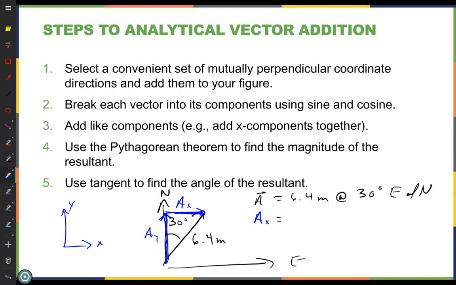Ax is the opposite side of my given angle. I know the hypotenuse, and the trigonometric relation that relates opposite and hypotenuse is sine. And so I would have sine of 30 degrees equals Ax divided by 6.4 meters. Solve that for Ax, you just multiply both sides by 6.4 meters.